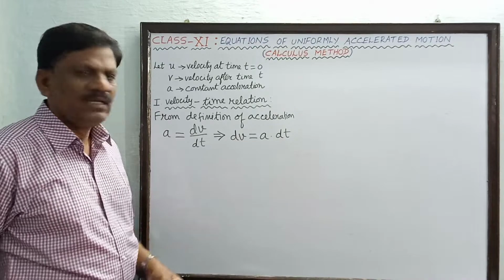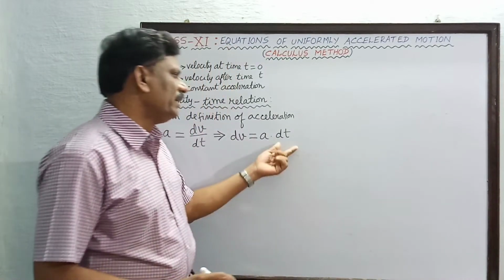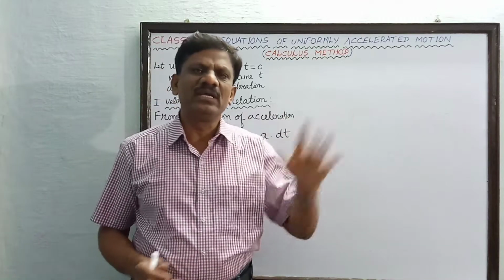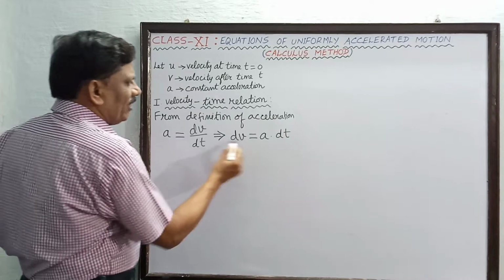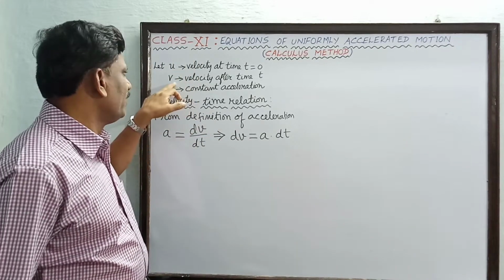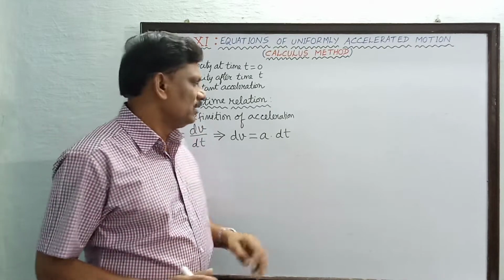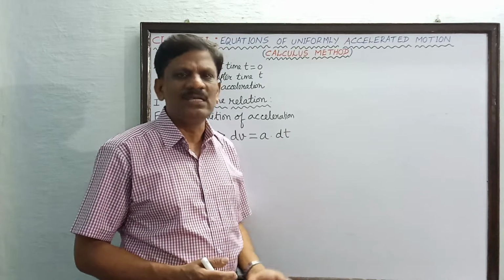So dv is the variation in the velocity and dt is the variation in time. This velocity of a body changes from initial value u to a final value v, from a time t equal to 0 to a later time t.